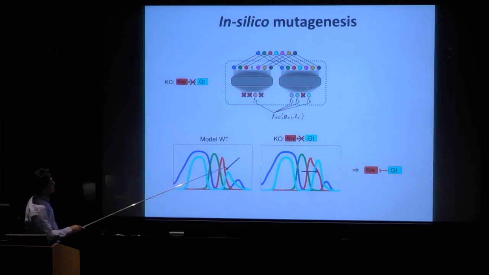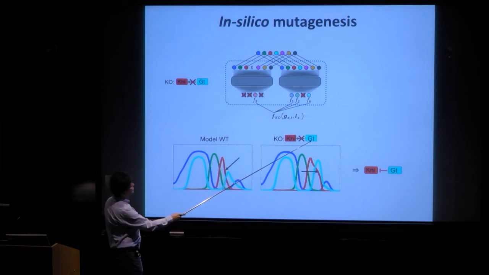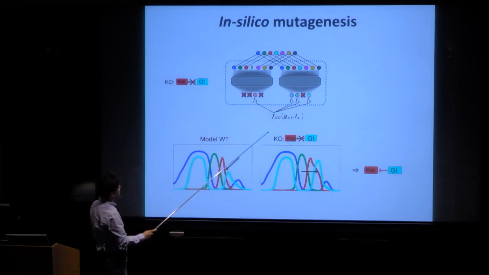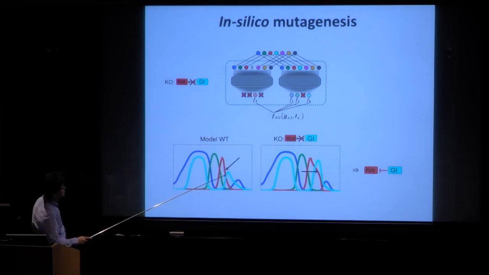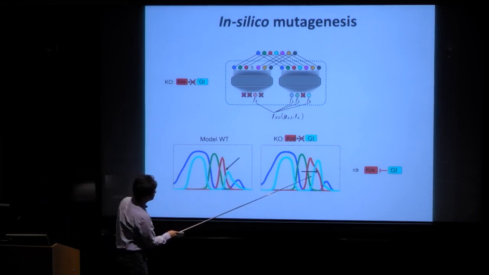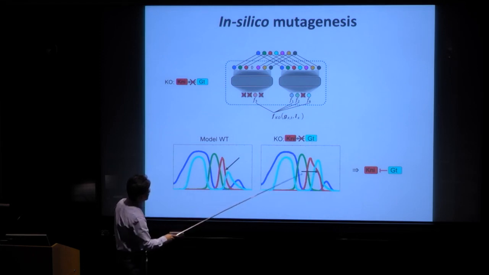So, for example, if I knock out the giant to this KNI regulation, one of the links I knock out, you can see the red expression pattern, which is this red, invades into this giant region.